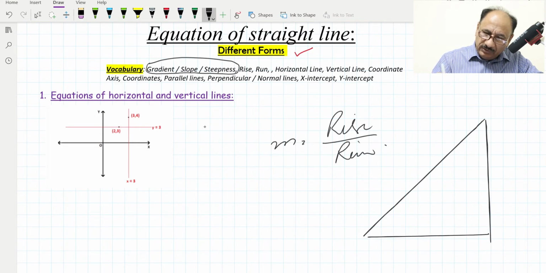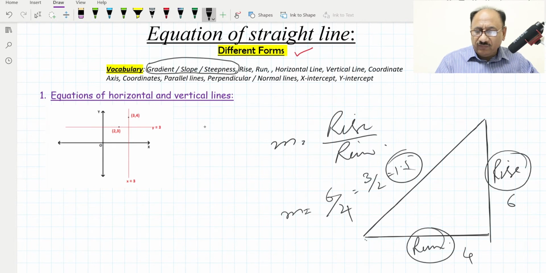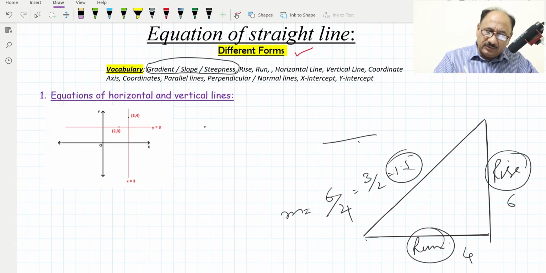If we complete the triangle, this will be the rise and this one will be the run. So rise divided by run: say the rise value is 6 and the run value is 4, so the m value will be equal to 6 divided by 4, which is equal to 3 over 2 or 1.5. This is how we can find the gradient by taking rise and run.